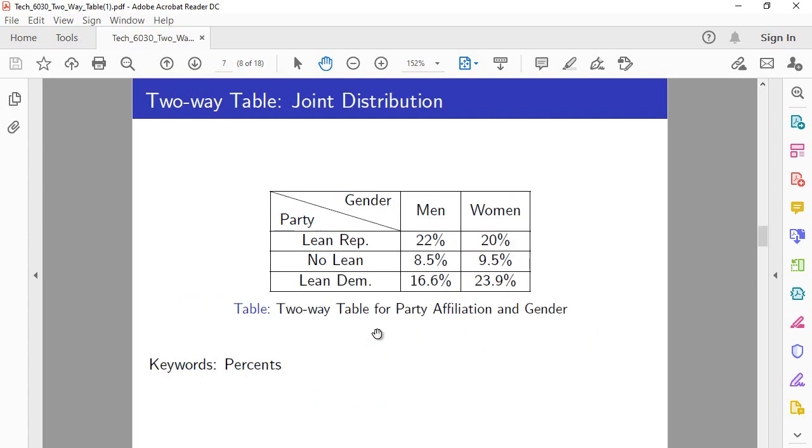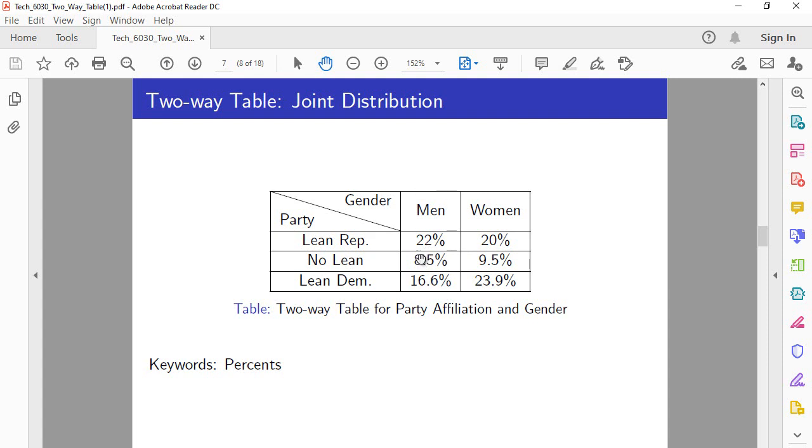So this table is known as the joint distribution, right? If I ask you, if I randomly pick an adult in Ohio, what's the chance that the adult will prefer the Republican Party? Well, my answer would be that the chance is 22%.